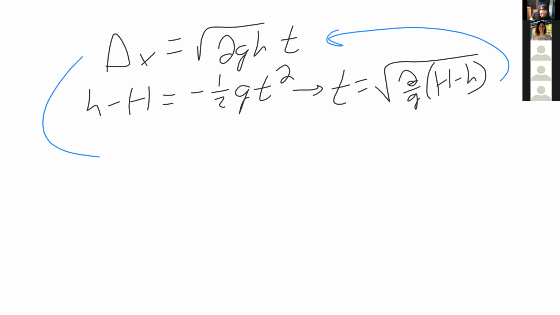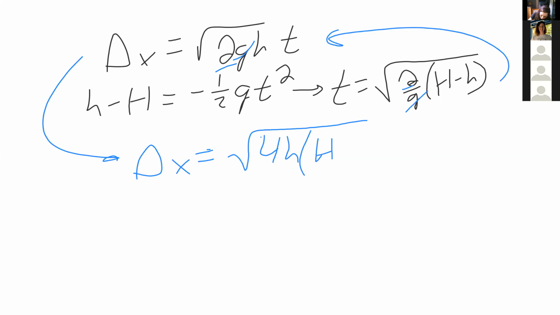And when I do, I'll have delta x equals the square root of, I have a 2 and a 2. That'll give me a 4. I have a g on top and a g on bottom. Those will cancel. And then I'll have a little h times big H minus little h.